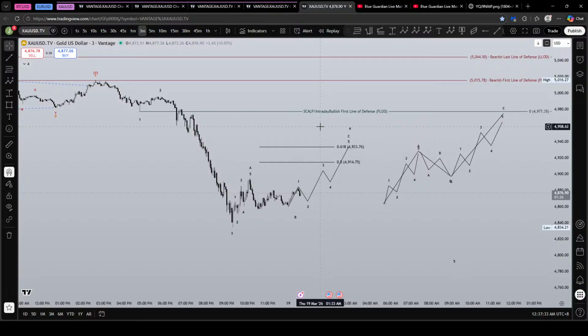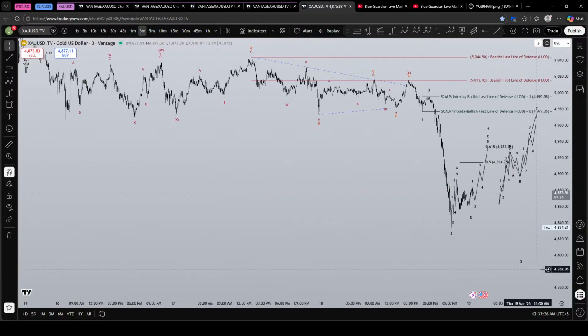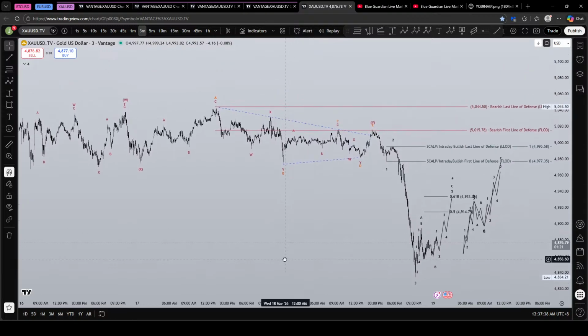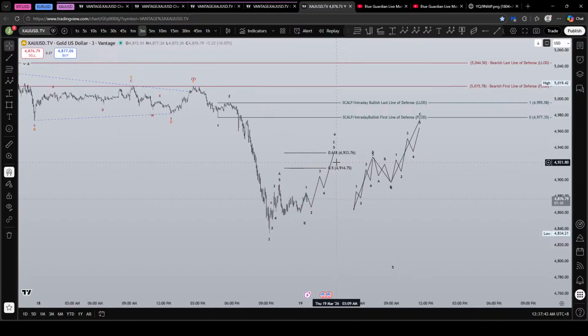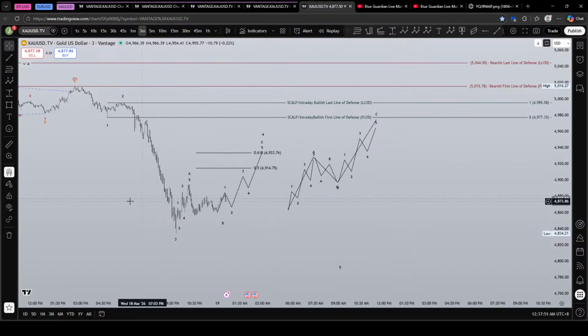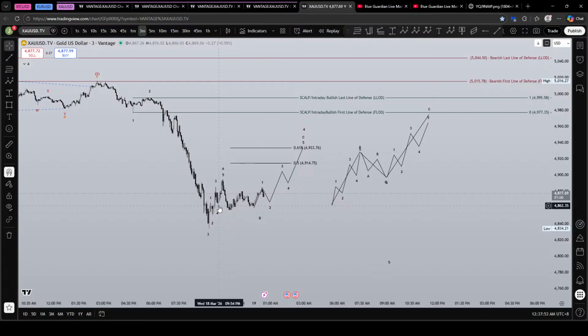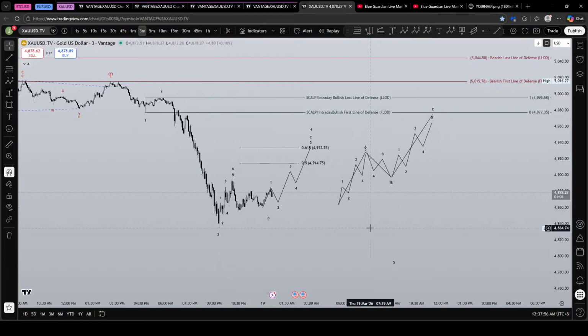So the price should not break this price. But since this is fifth wave, the internal waves of fifth wave based on my wave counting, just like what I've mentioned a while ago, fifth wave can have an internal structure which can be considered as ending diagonal. So in this case, if I will consider only the first line of defense, then I may have forgotten the other rule that the fifth wave can be a diagonal.